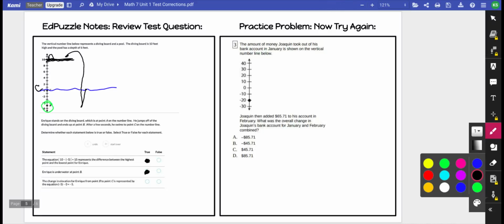No, because he can't move a negative distance. He either moves 5 feet up or he moves 5 feet down. He's still moving 5 feet. So in this case, the answer is false for the last one. Okay, so now on the right-hand side, try this other problem, and please input your answer on the Edpuzzle video.